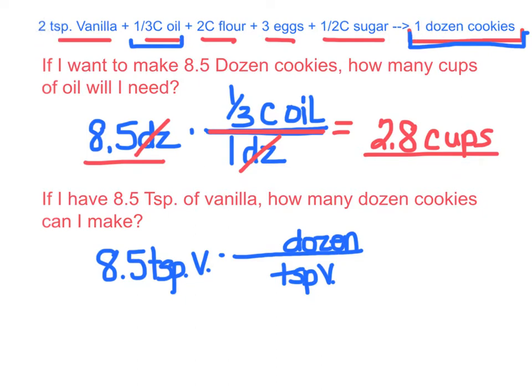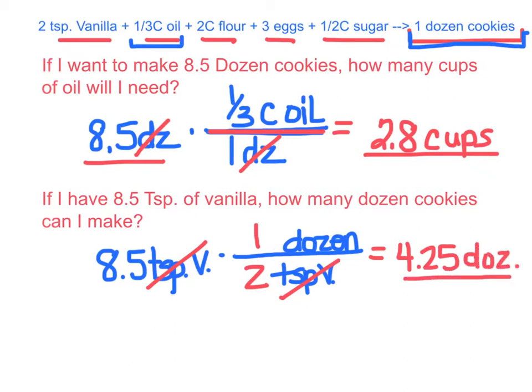So my relationship is 2 teaspoons of vanilla make 1 dozen cookies. And again, I can now cancel my units. Teaspoons of vanilla would cancel, and to get my answer this time, I would do 8.5 divided by 2, which would be 4.25. That's how many dozen cookies I would be able to make.